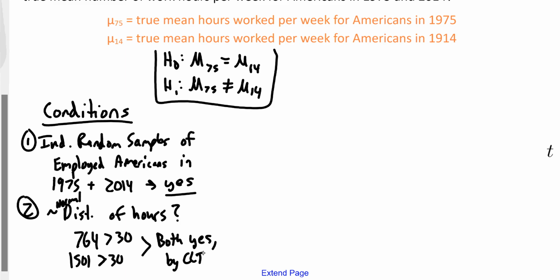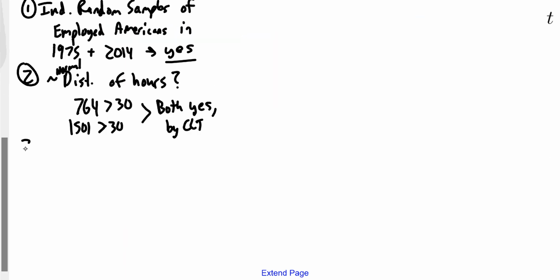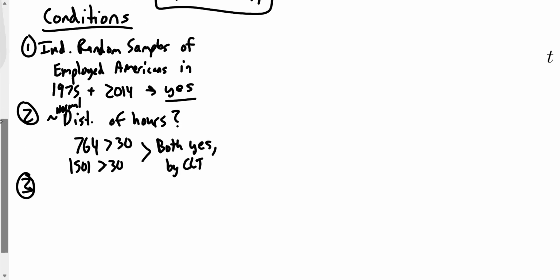All right? Now we do have to check one more thing because it is sampling. It's not an experiment. So we have to check the 10% condition for both. Would we say that 764 is less than 10% of all 1975 Americans or employed Americans? Yes.